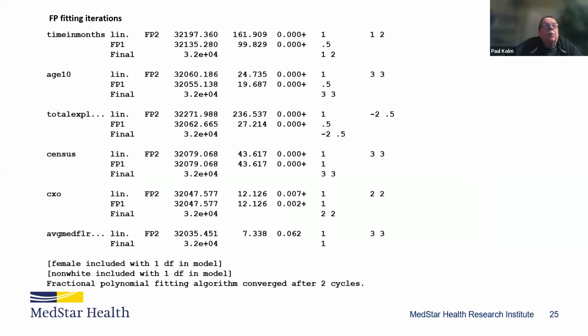It goes through each variable, and generally the first test is a linear one, where the power of 1 means that it's a linear relationship. Then it goes through its iteration and tests others, such as 0.5, but it ends up with 2 different powers here. One is linear and the second is quadratic, and I'll show you how that works out.